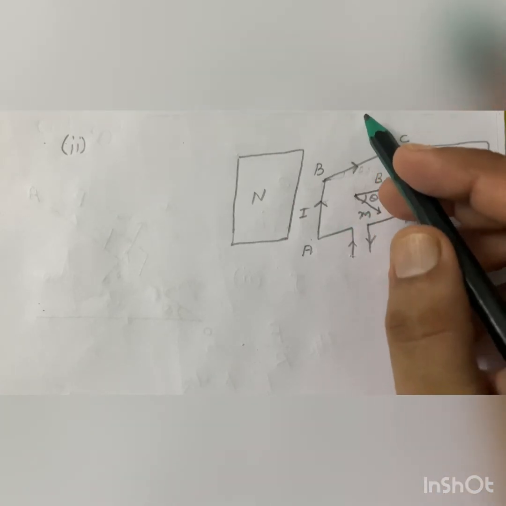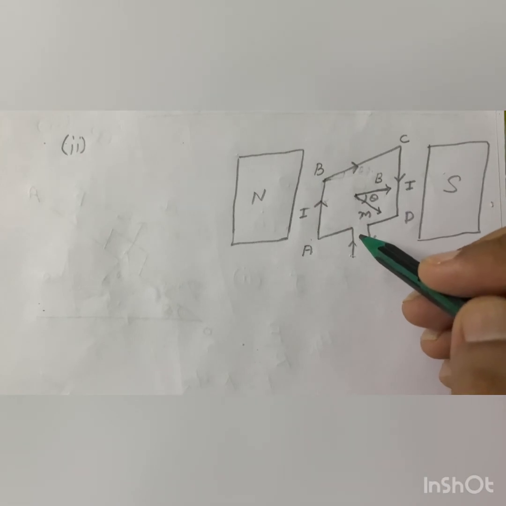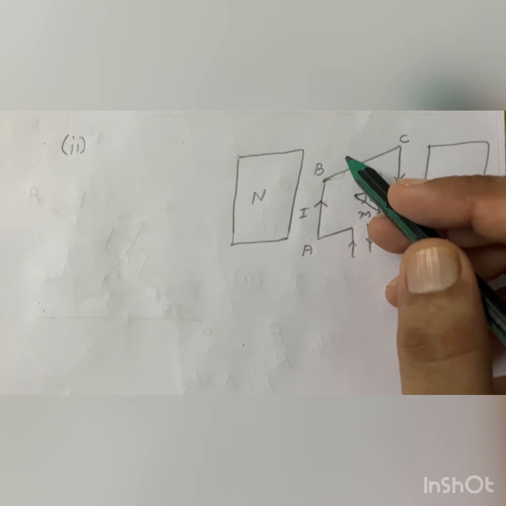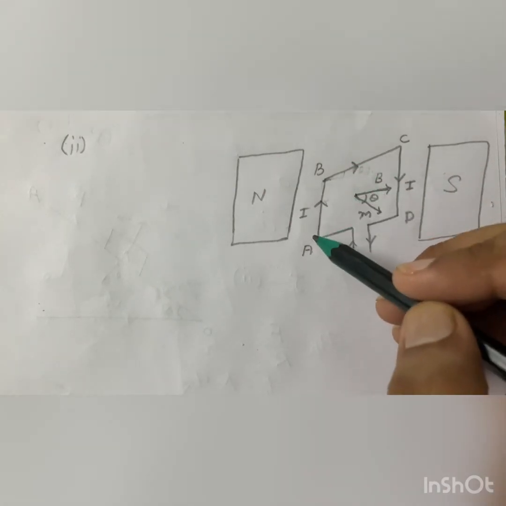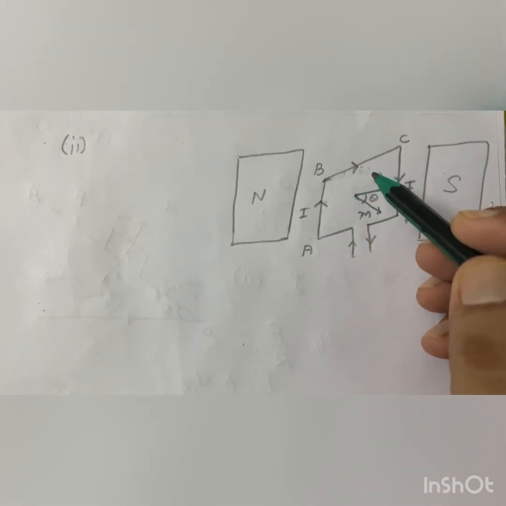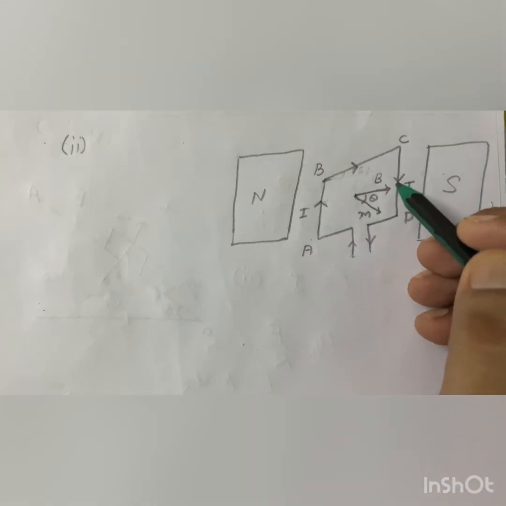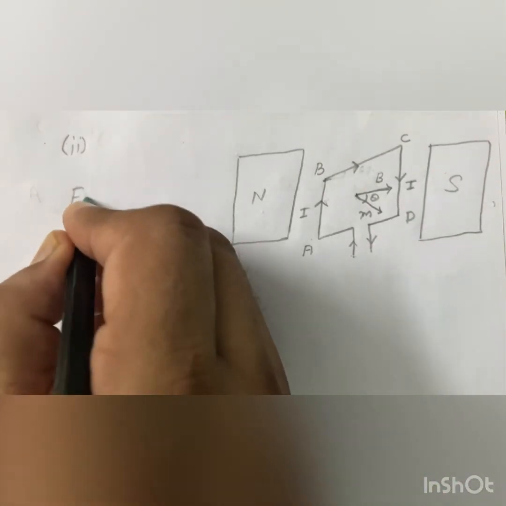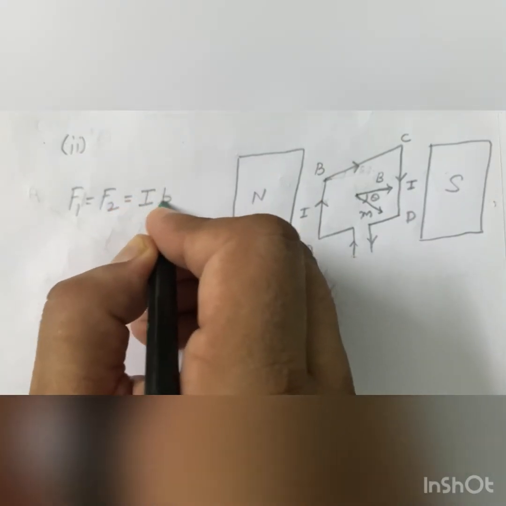Being collinear along the axis, they cancel each other, resulting in no net force or torque. The forces on arms AB and CD are F1 and F2. The two are equal and opposite with magnitude F1 equal to F2 equal to I b B.